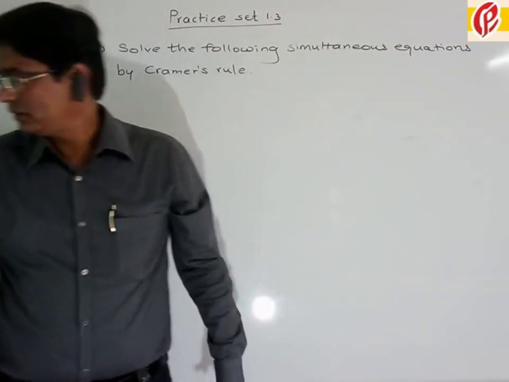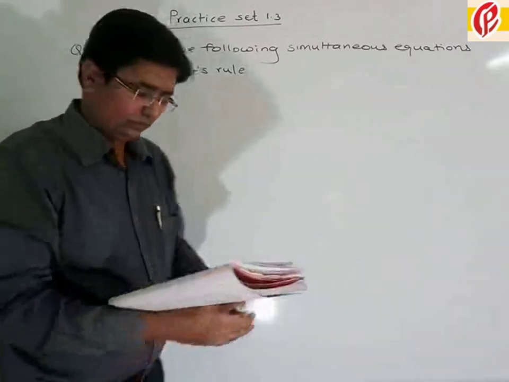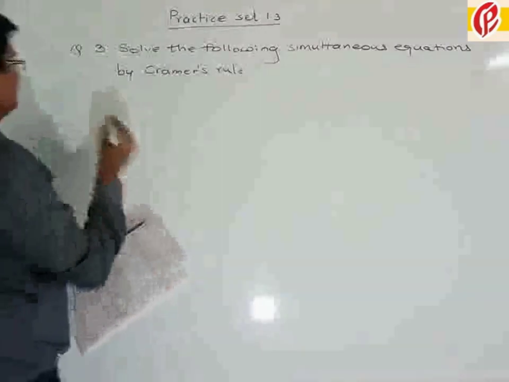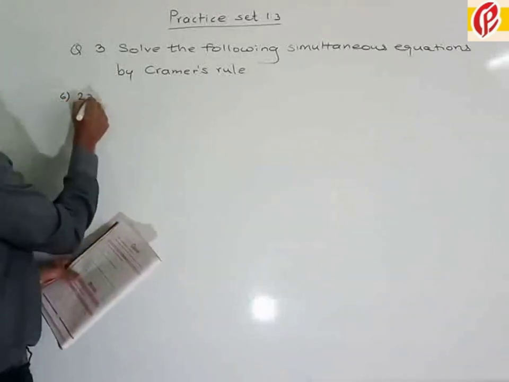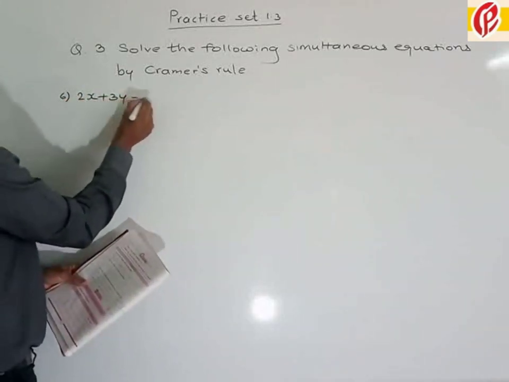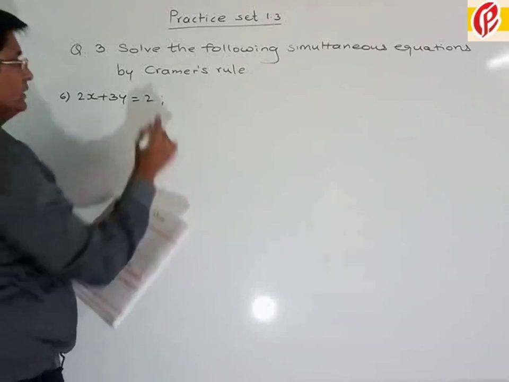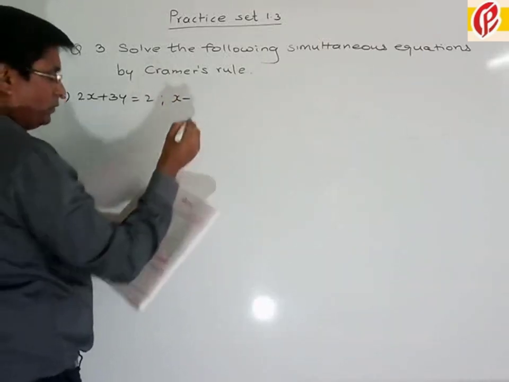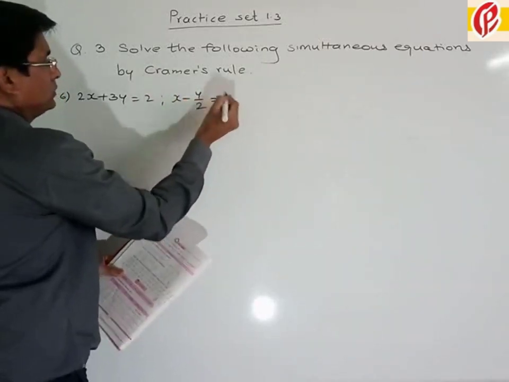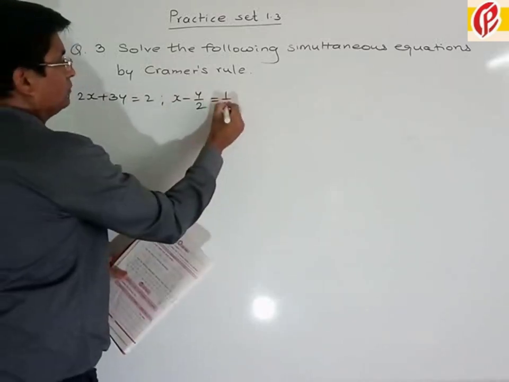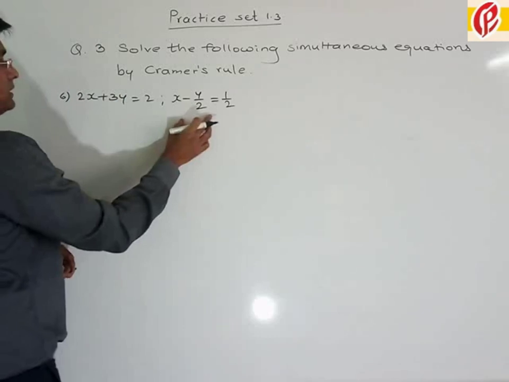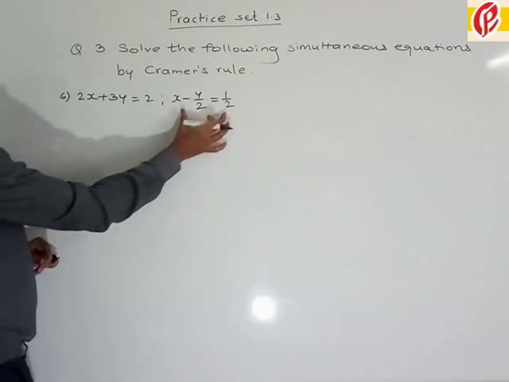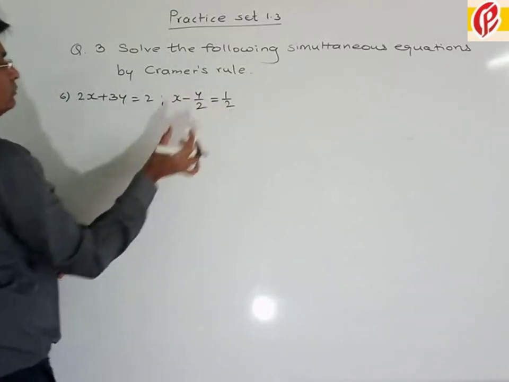Now I will take the sixth sum. That is 2x plus 3y is equal to 2 and x minus y upon 2 is equal to 1 upon 2. If you observe, in the second equation fractions are given, so we will make this equation simple.